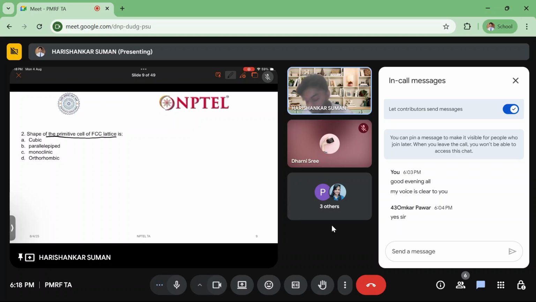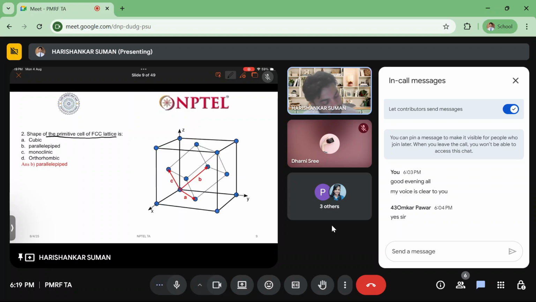Yes, please answer. So the answer is parallelepiped, and you can see if we connect first neighbors and we construct the primitive cell, like the centered one, and these are the face atoms, and this is the top one, this is the back one, this is the front one.